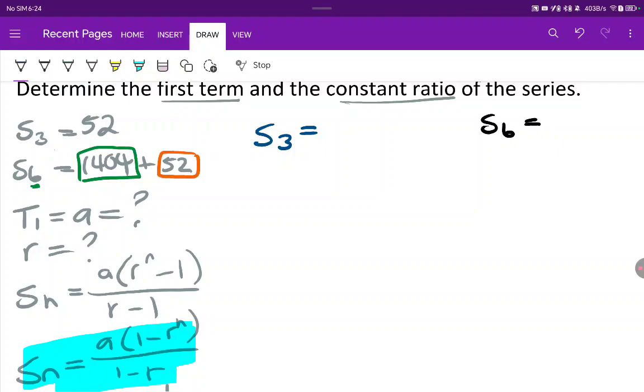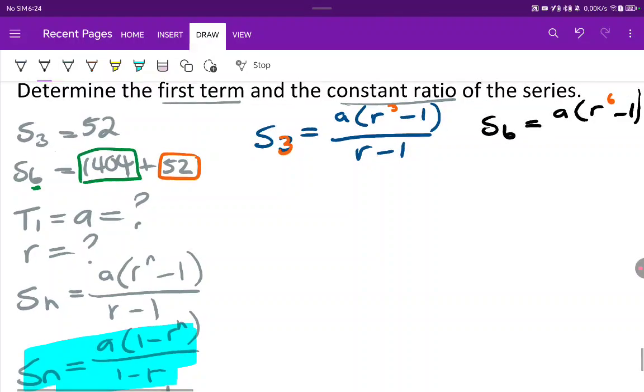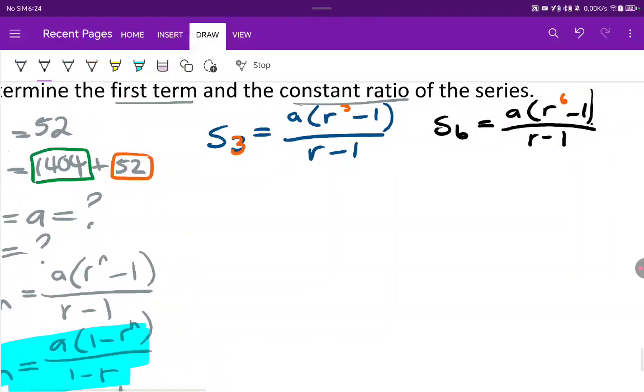So let's see what we can do. S3 is going to be A(R^3 minus 1) divided by R minus 1, because 3 is our n. And the second one is going to be A(R^6 minus 1) divided by R minus 1. These are equal to numbers, right?